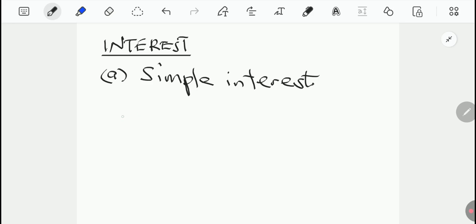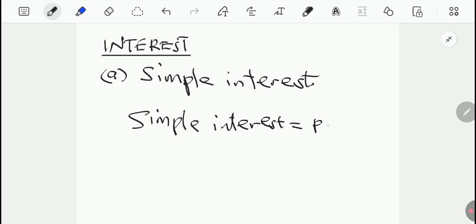So simple interest. Allow me to write that. Simple interest is equal to principal times rate times time. Like that. That is the formula.